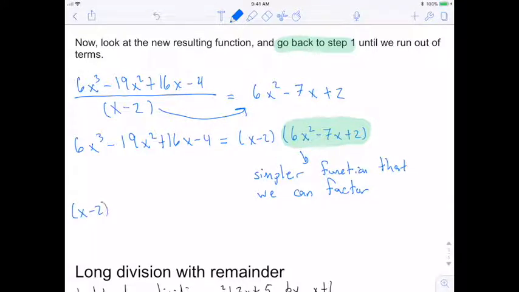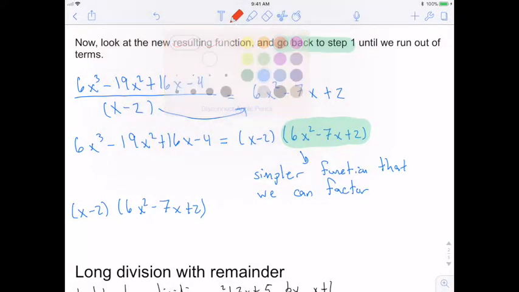So why don't we finish this off here, and we'll try to factor 6x squared minus 7x plus 2. If we remember what the steps were, is to do a times c, which is 12, and then find two numbers that multiply to be 12 and add to be negative 7.